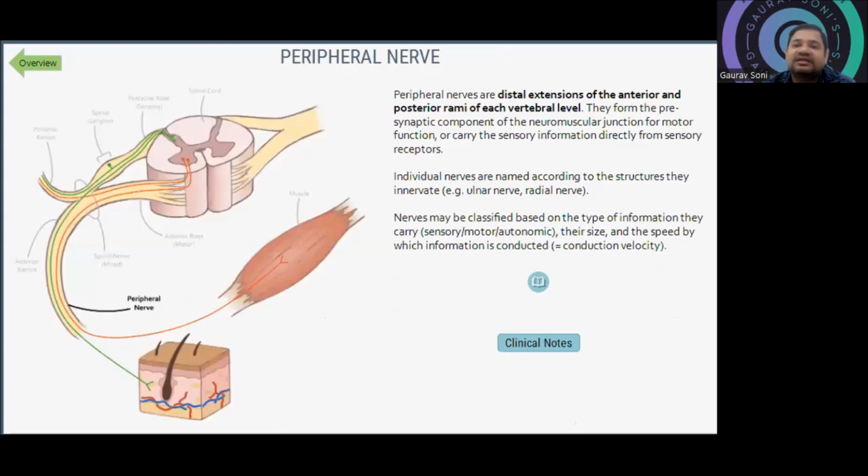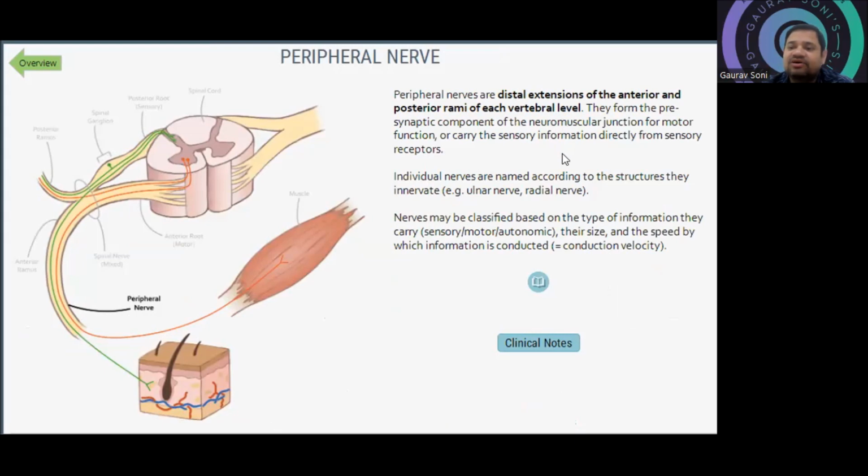Then comes the peripheral nerve. Peripheral nerves are actually extensions of the anterior and posterior rami. When the anterior and posterior rami mix together, they form a peripheral nerve, which is present at each vertebral level. That's why the name is also according to the vertebral level. They form the presynaptic component of the neuromuscular junction for motor function, or carry sensory information directly from the sensory receptors.